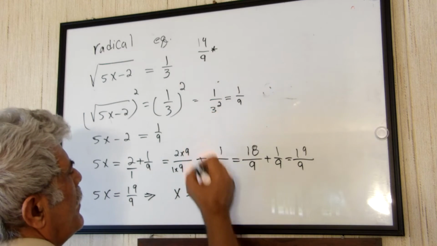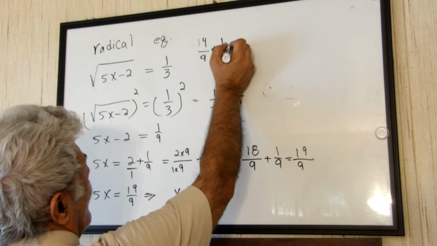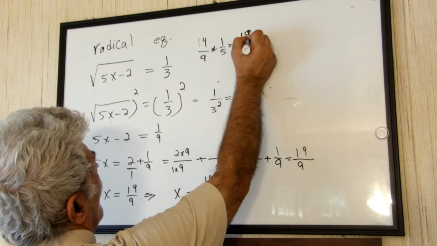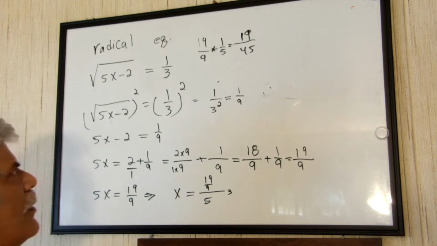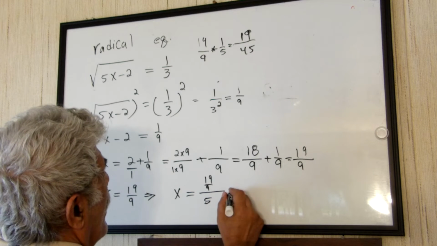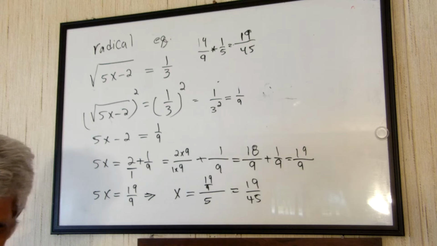It's going to be 19 over 45. So x is 19 divided by 45.